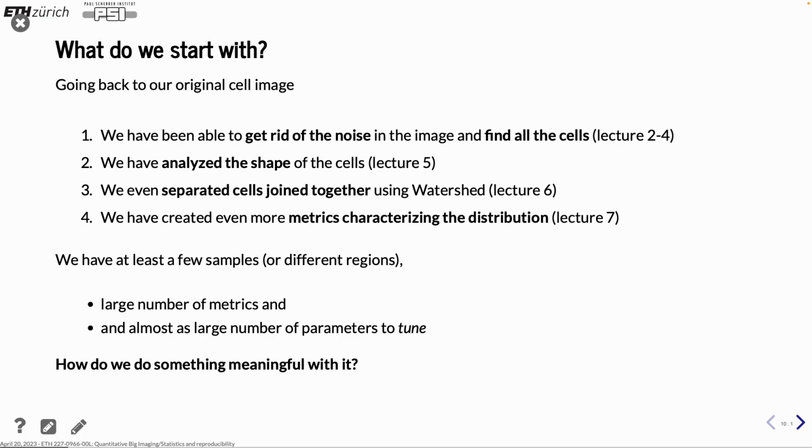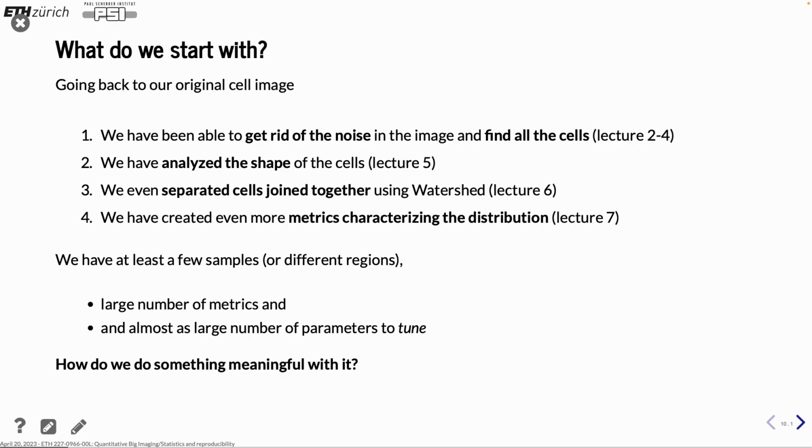And now we have at least some samples, and also we have a large number of metrics that we can look at. If you remember this region props, that was a list of, I think, 10 different metrics that we can play with. But the question is, which metrics are actually characterizing the effect that we want to see?